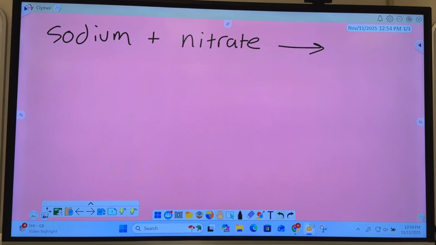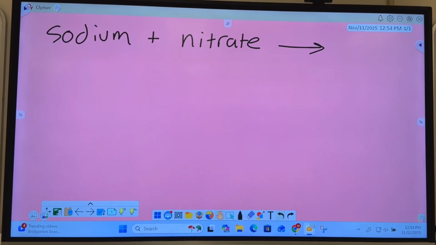Write the ion for sodium, write the dot notation for sodium below it, write down that ion notation for nitrate, which we just did in our definition, and then we're also going to do a dot notation for the nitrate. And again, this is where it's going to be kind of the same, but it might look a little weird.